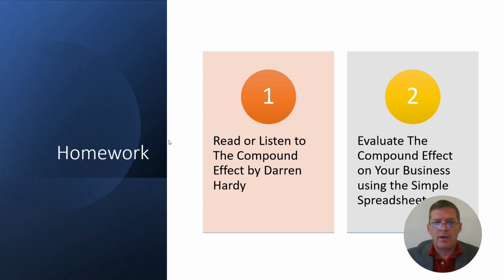Plug your numbers in if you haven't already been doing so, and plug in some what ifs. Find what is possible using some modest improvements and start tracking your data every single week. It is critical to your success to use data-driven decisions to grow your business. And these things, I'm telling you, are going to be extremely powerful for you.